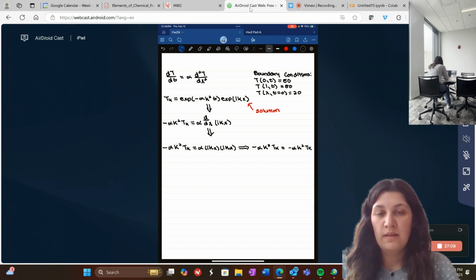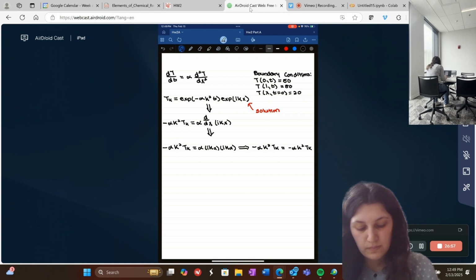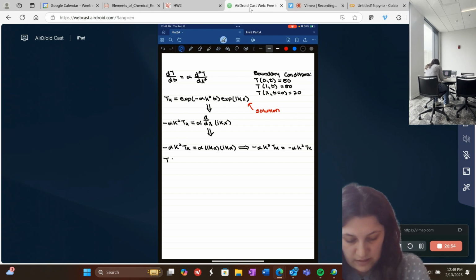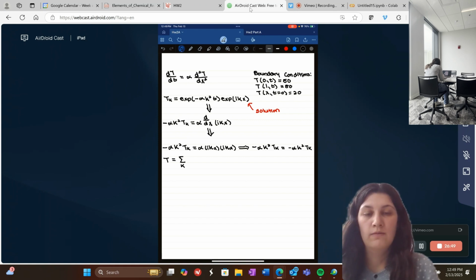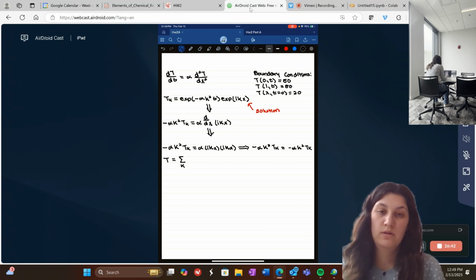Now we can say that if we take this equation and multiply it by some constant, then this value would also be a solution to the differential. So we could say that T is equal to an infinite series of terms that are multiplied by some constant, like these are also solutions.